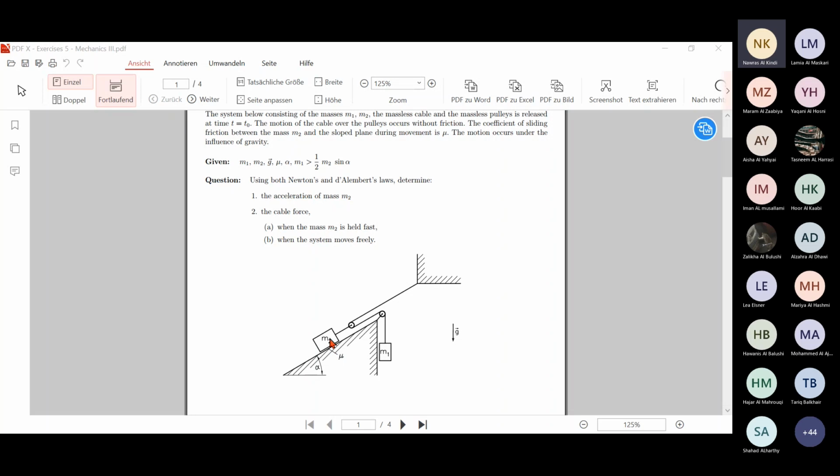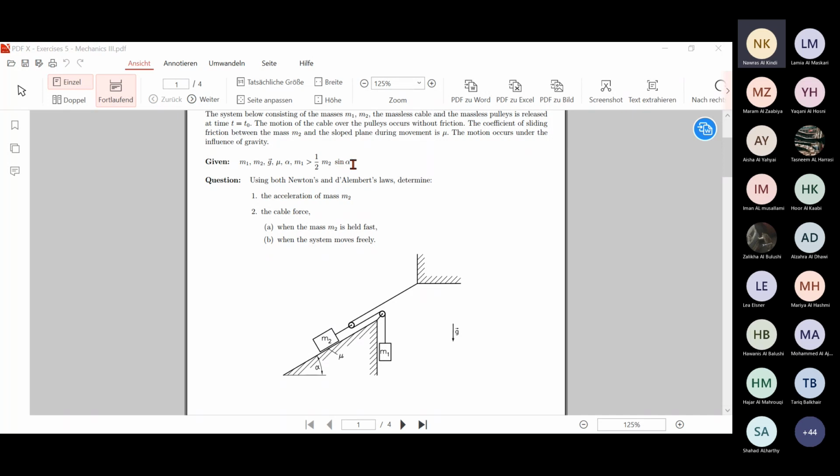Then the motion occurs under the influence of gravity, given by G. What is given: M1, M2, the gravitational acceleration, the friction coefficient, the angle alpha, and we say that the mass M1 is greater than half of the mass M2 sine alpha.